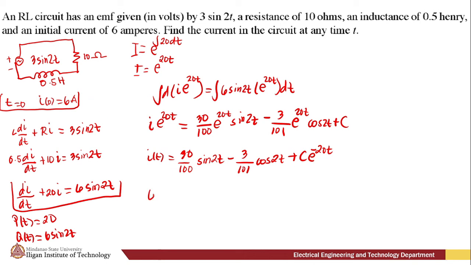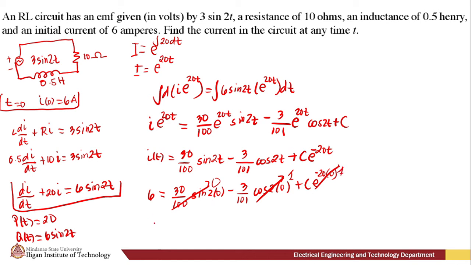So we have 6 equals 30 over 101 sine of 2 times 0 minus 3 over 101 cosine of 2 times 0 plus c e^(-20 times 0). The sine term equals 0, the cosine equals 1, and the exponential equals 1.